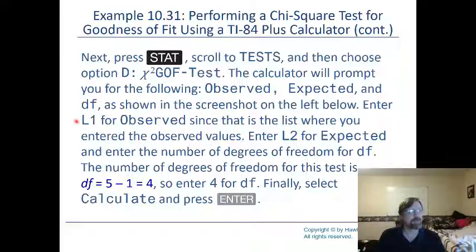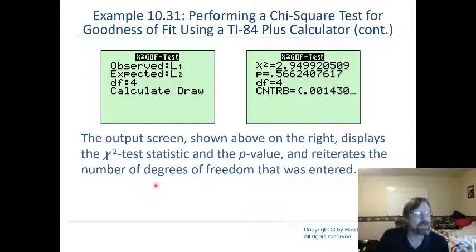So the first variable is observed, the second is expected, and 4 degrees of freedom. We've got 5 categories, so 5 minus 1 is 4 degrees of freedom. Select calculate, and it will tell us the chi-squared value and the p-value associated with that.